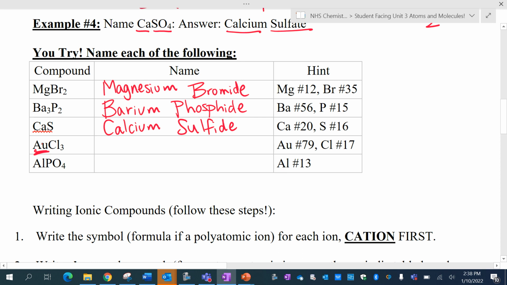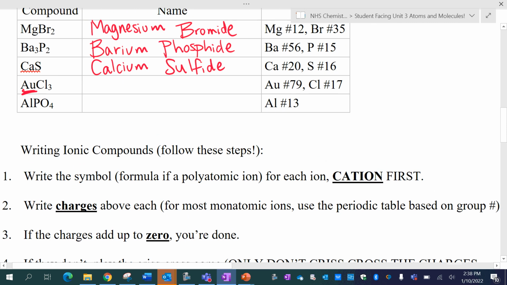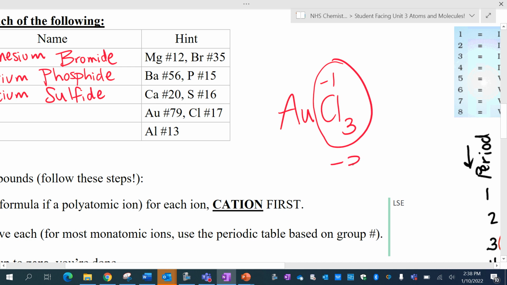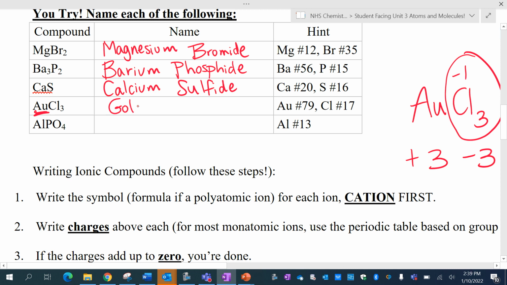And then we've got one with a transition metal. So we can look up, we can see that Au is one of the transition metals, and it's with 3 chlorines. Chlorine always has a -1 charge. So if it's with 3 -1s, what cancels out a -3? A +3. So this must be gold, Roman numeral 3, chloride.